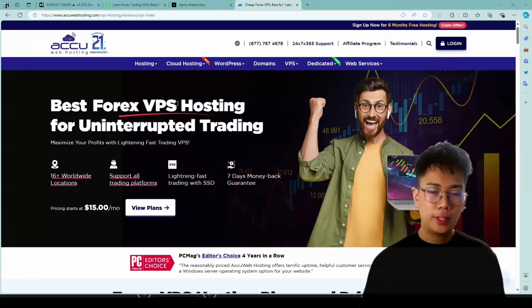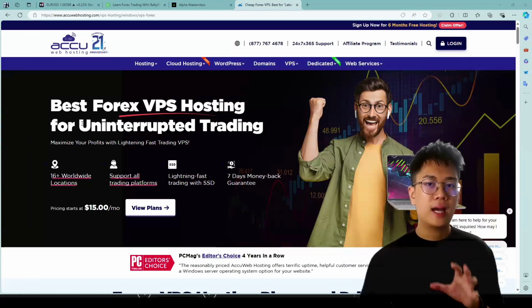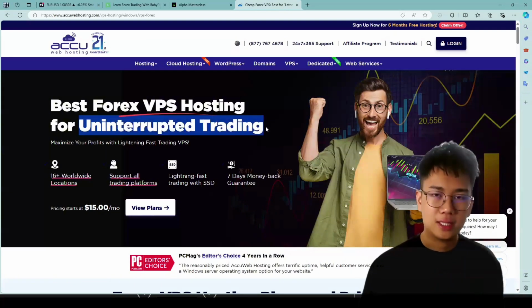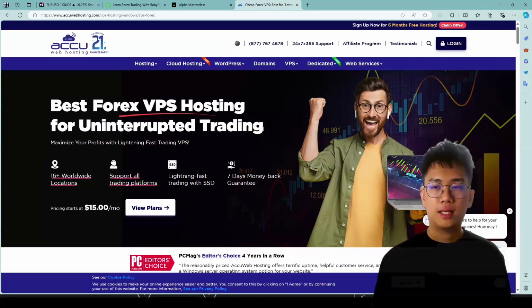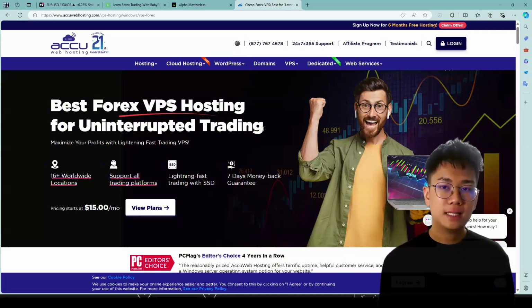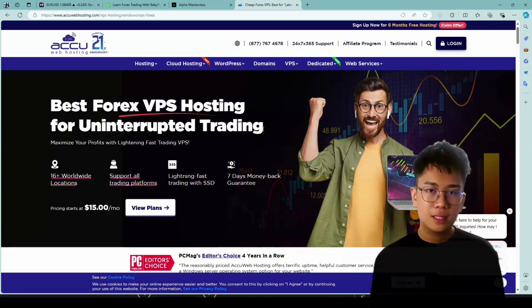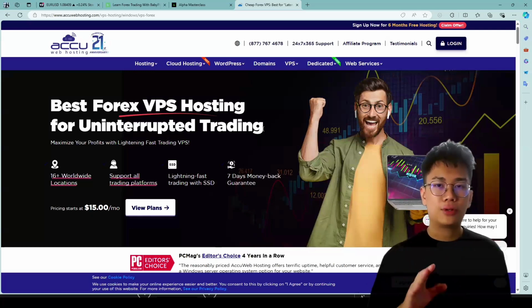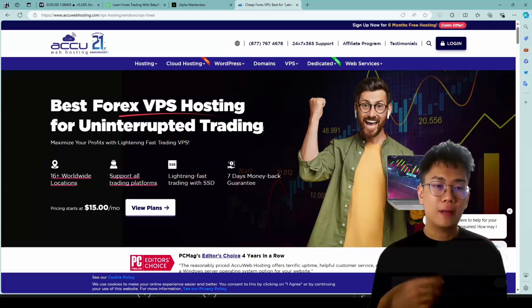This VPS is like a server for uninterrupted trading. Meaning that if you put your robots in your own computer, when you close it, the robot will stop working. But in a VPS, it can automatically run your robots continuously, even though your computer is off, shut down, or asleep, which is very, very beneficial.